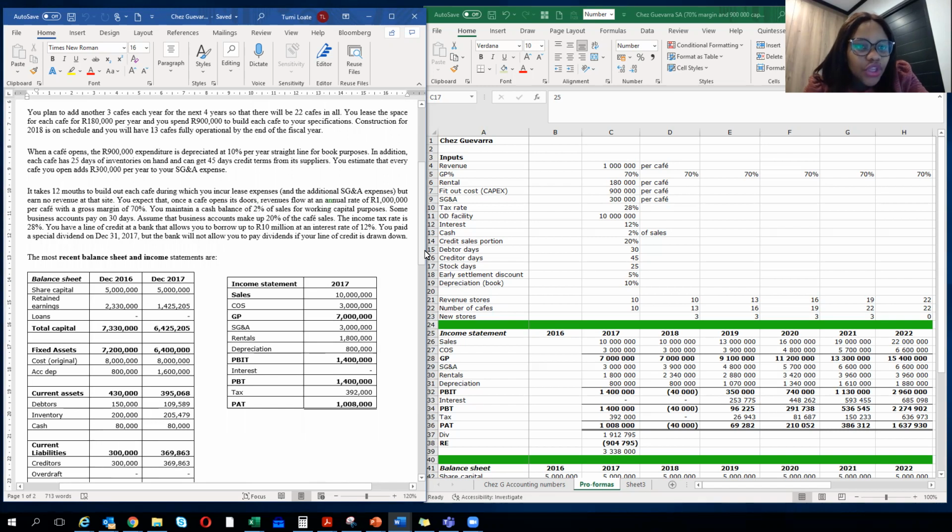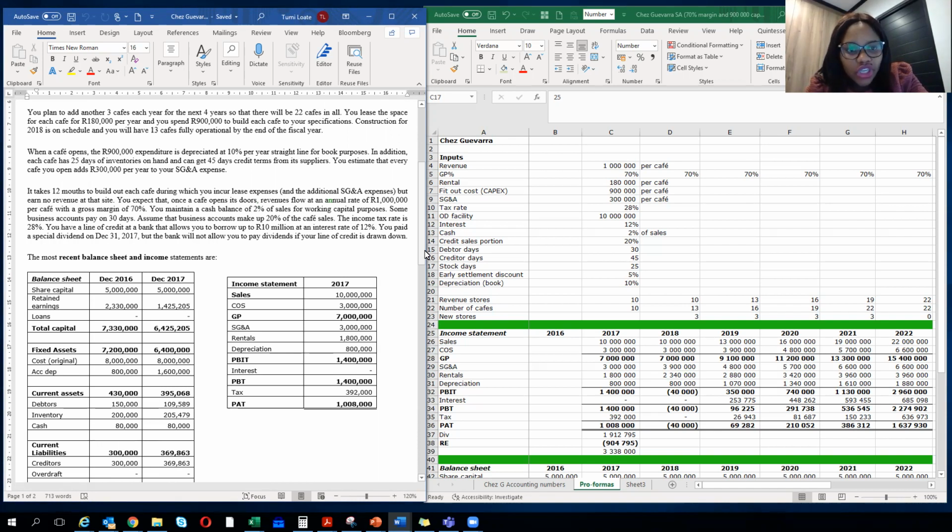It says you plan to add another 3 cafes each year for the next 4 years, so there'll be 22 cafes in total. You lease the space for each cafe for 180,000 Rand, and you will be spending 900,000 Rand to build each cafe to your specifications.